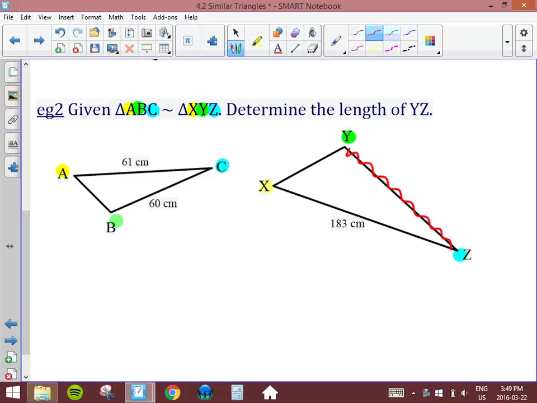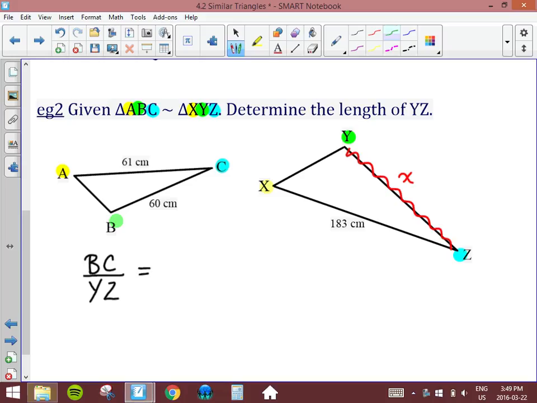is across from angle X, little x. The side that matches with YZ, going from my green dot to my blue dot, is BC. So I need to use that fraction, BC over YZ. Just out of habit, I'm going to keep the smaller triangle on top and the bigger one on the bottom, but it does not matter.